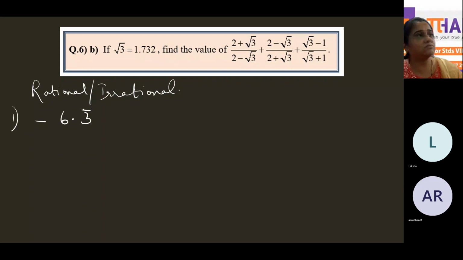What kind of a decimal is this? What are the 3 types of decimals? Terminating decimal.